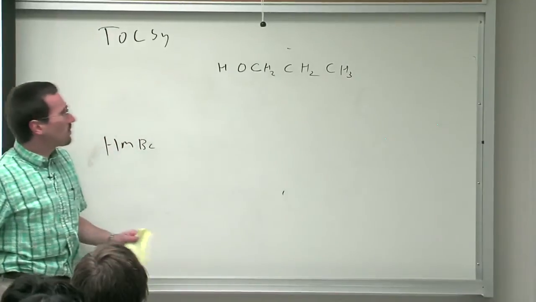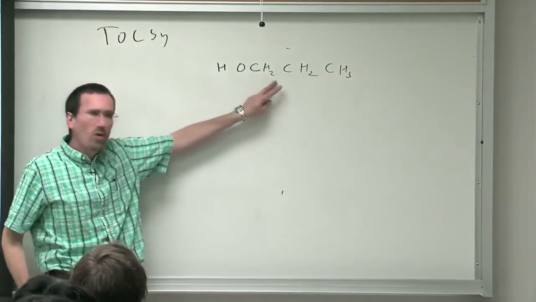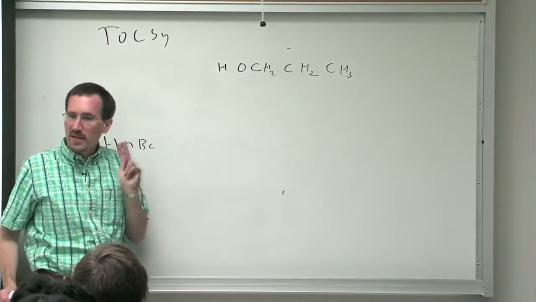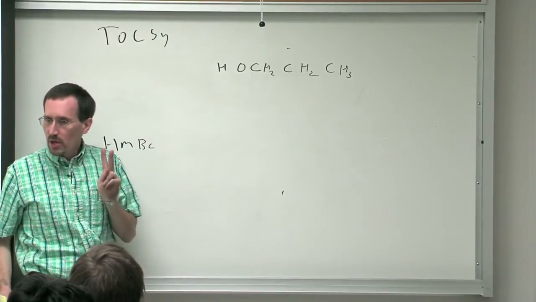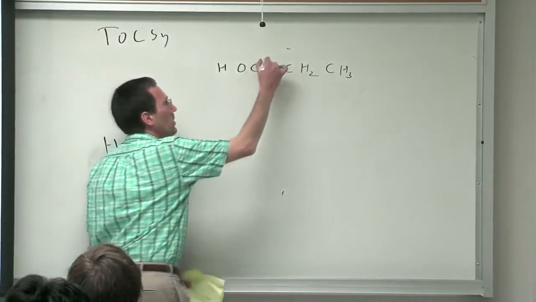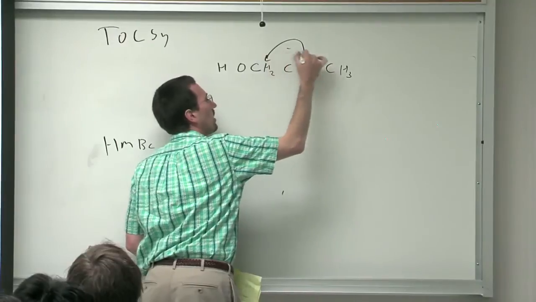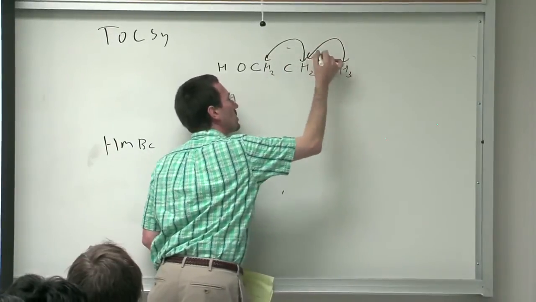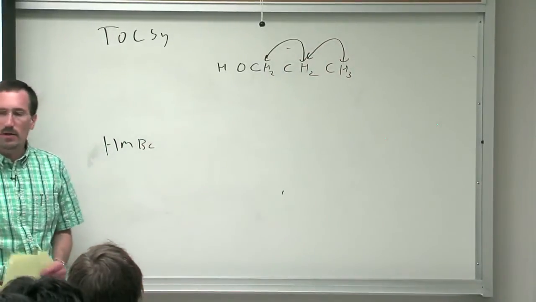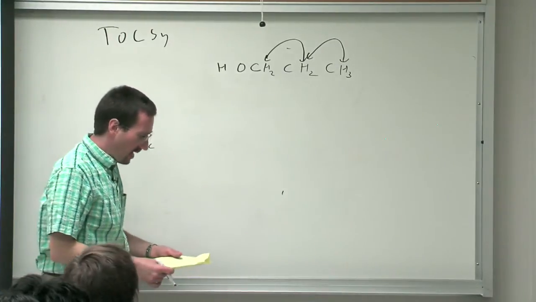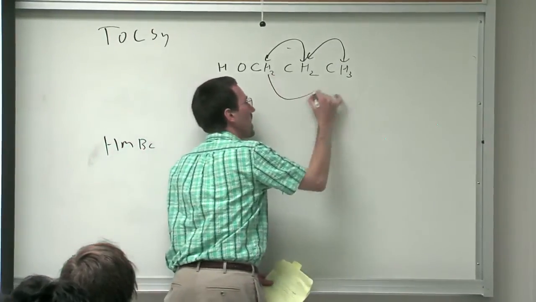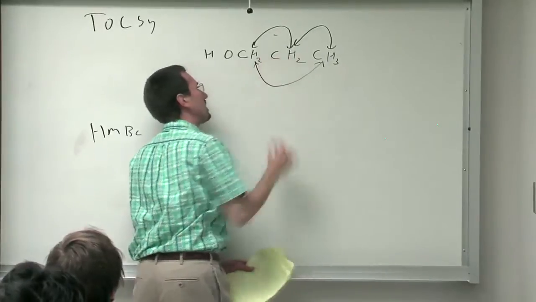in a TOCSY spectrum, you still get all the cross peaks of the COSY, but now you get new cross peaks. So we get this cross peak here, and we get the cross peak corresponding to this coupling here. But in the TOCSY spectrum, what you also get is a cross peak between these two protons.